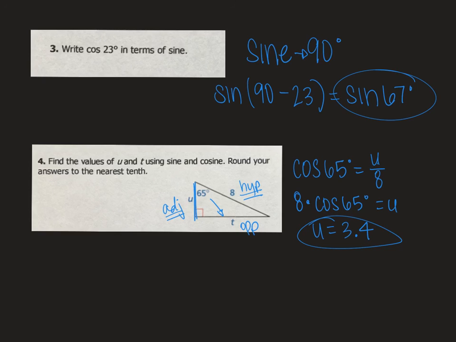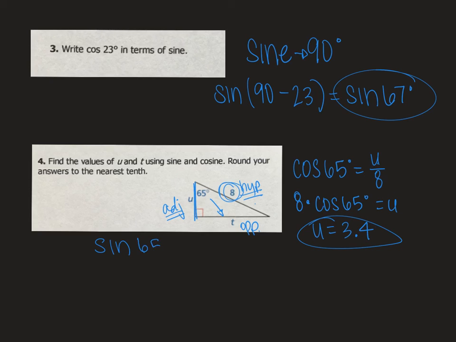So we solved for U, now we have to solve for T. One thing I would encourage you is to not use a rounded answer to solve for another variable unless you absolutely have to. So when we solve for T, use T and then that side that we're given of 8. So our opposite side and our hypotenuse is going to be sine.